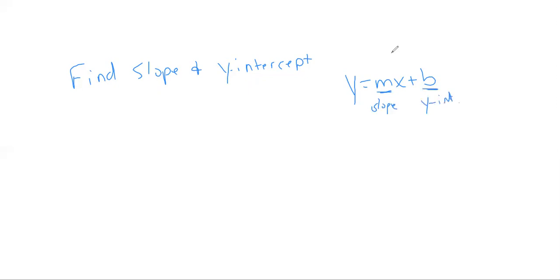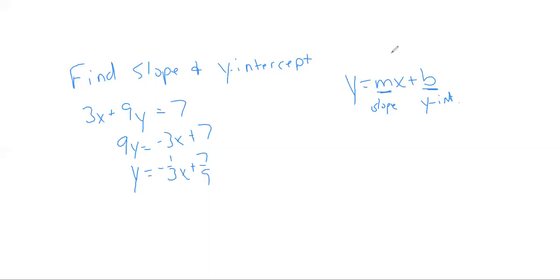So all you do is you take your equation they give us here, which is 3x plus 9y is equal to 7. You solve it for y. So 9y is equal to -3x plus 7. Divide by 9. Y is equal to -1/3 x plus 7/9.